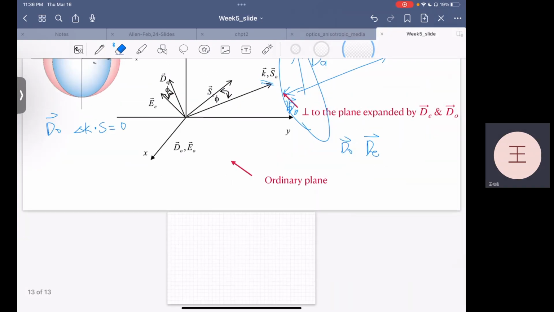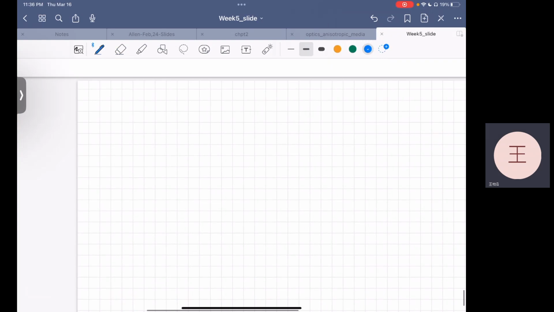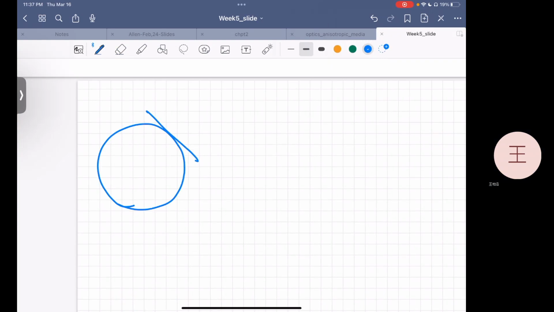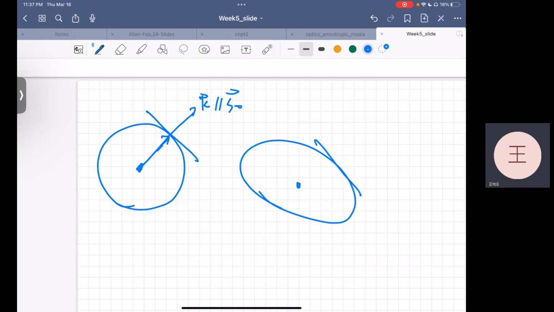And thus, the picture will be better. If we give a normal mode, actually not isotropic, we would say it to be ordinary, then the S will be along the propagating k. But if you are an ellipsoid, then this is the k, this is the S, and they are not parallel to each other.